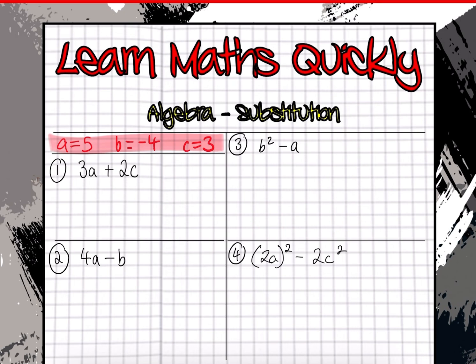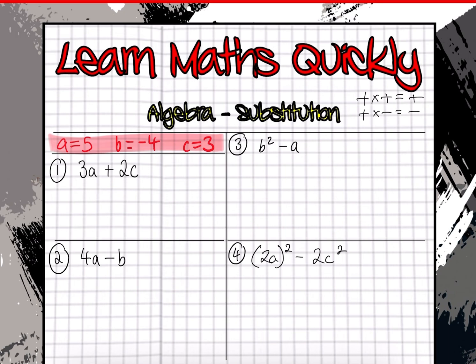So the most important thing to remember here are our rules when it comes to negative numbers. So I'm going to write in the top hand corner some of the rules. If you have a positive number times by a positive number, your answer is always positive. If you have a positive number times by a negative number, your answer is always negative.